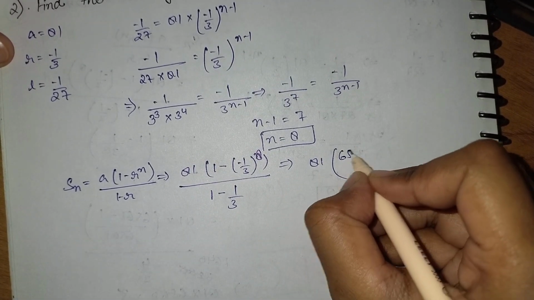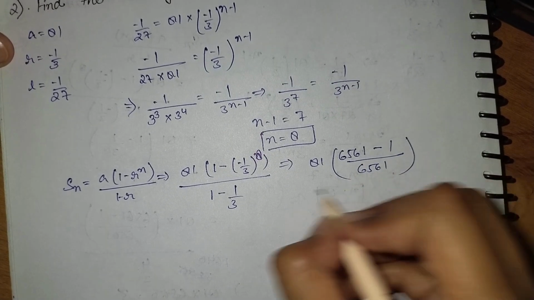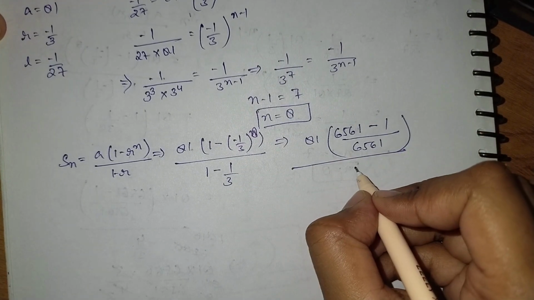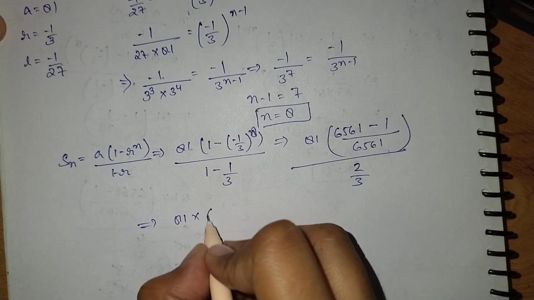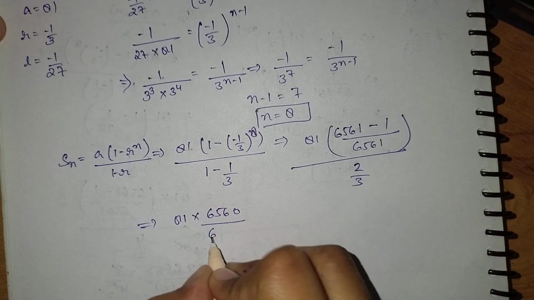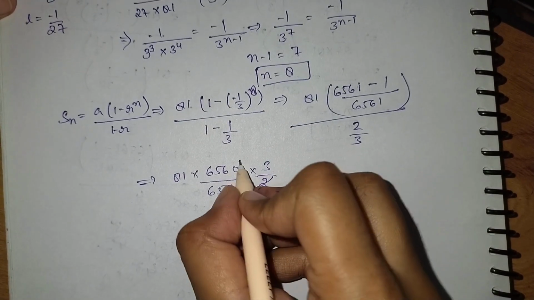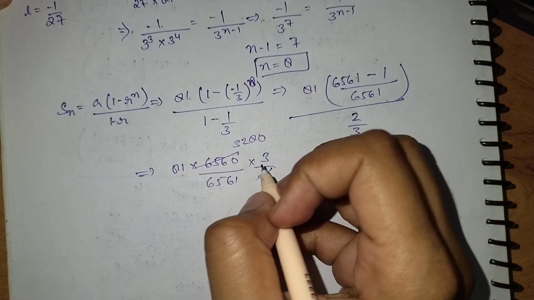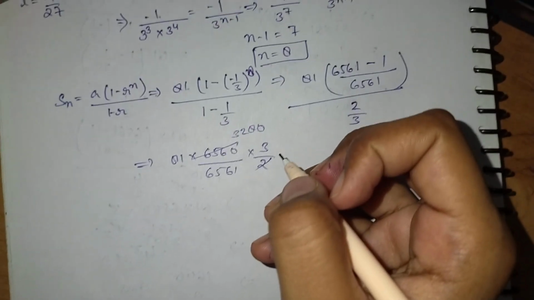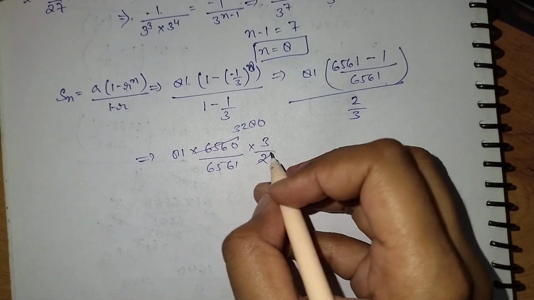Here that will become (6561 minus 1) upon 6561 multiplied by 4 by 3 here. So simply 81 multiplied by 6560 upon 6561 into 3 by 4. So simply we can cancel out here, that is 6560 only.